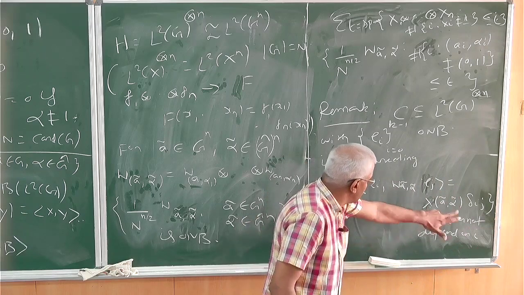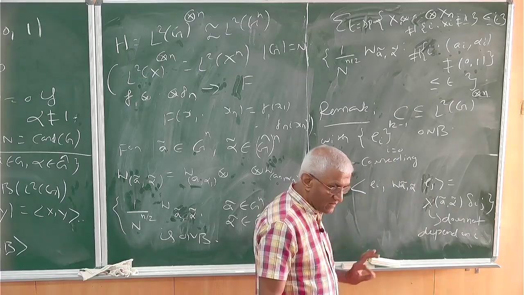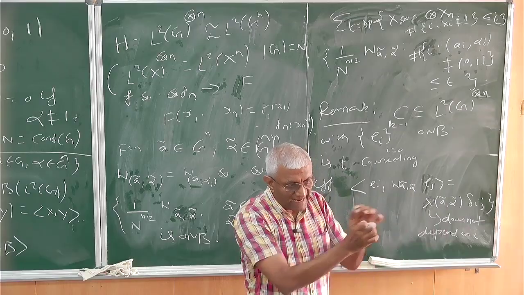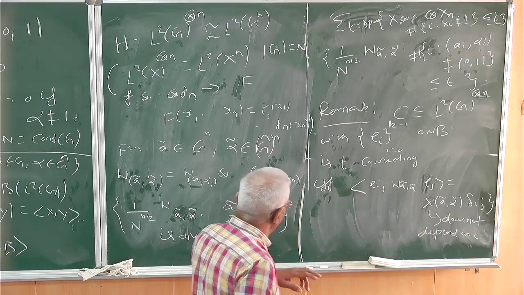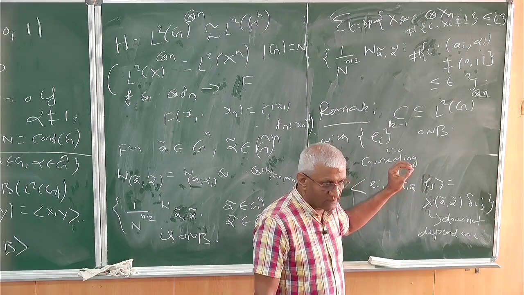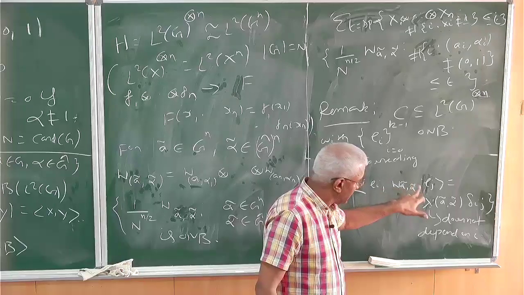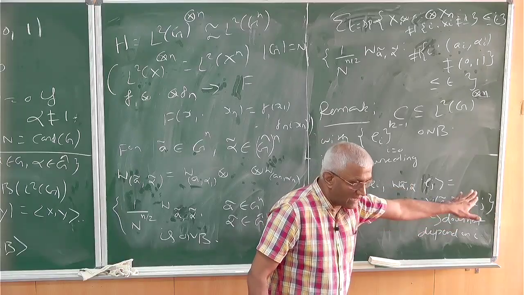It depends only on A. This is the Knill-Laflamme theorem. It says the following: if you have an error space which has a basis, and if you take two operators from the error space, L1 and L2, then L1 star L2 should give a constant depending on them times delta_ij.